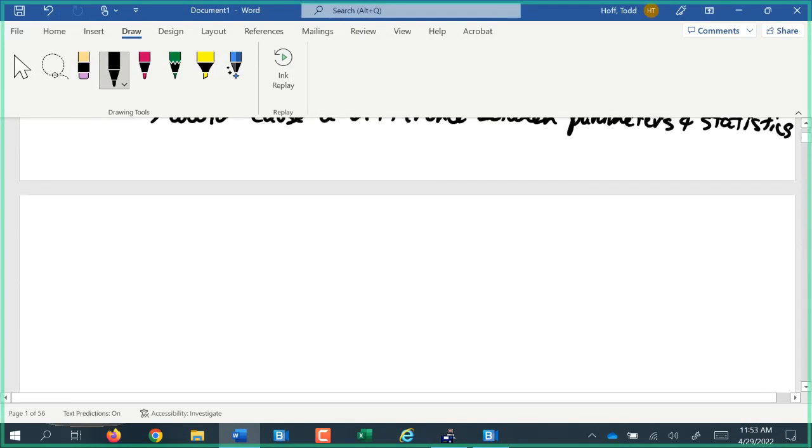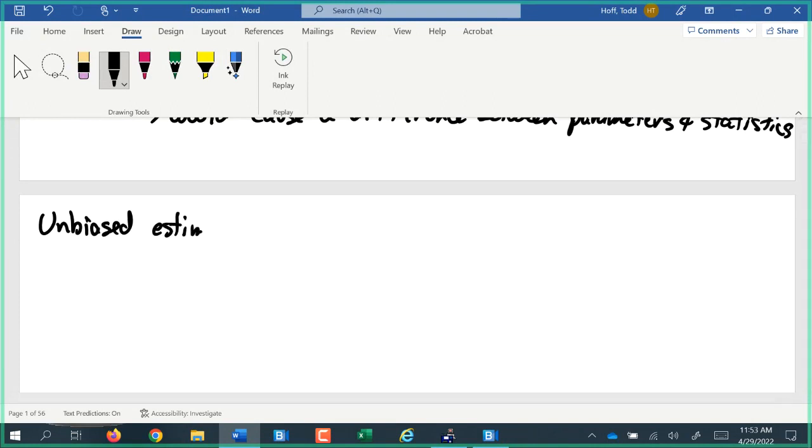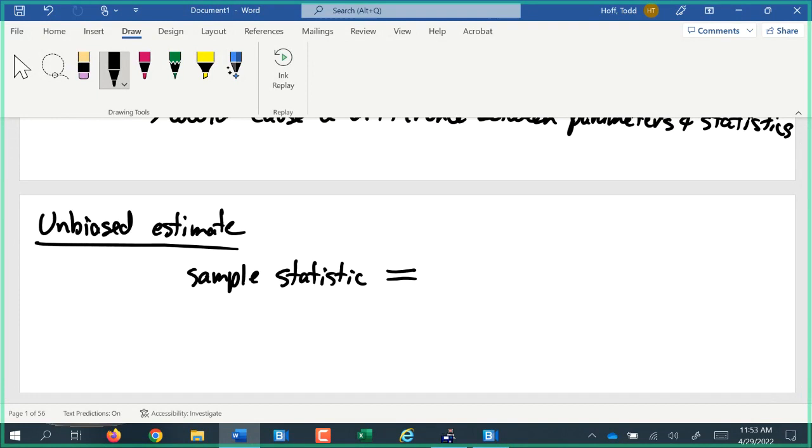So we are looking for an unbiased estimate. And an unbiased estimate, of course, means that our sample statistic is equal or really close to the population parameter.